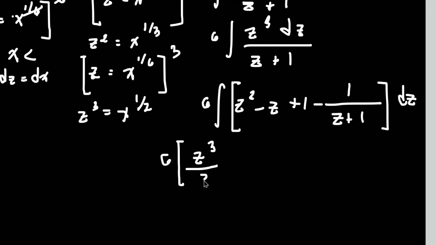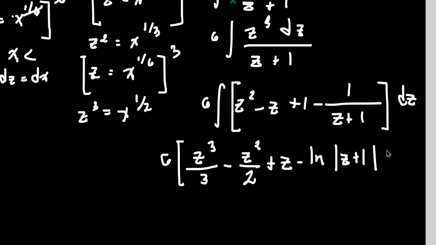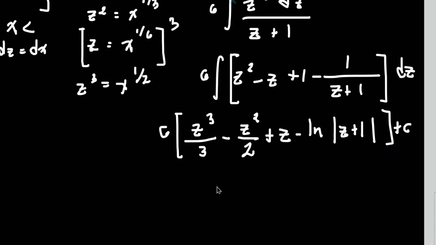And also to the denominator, we have 3, minus z raised to 2 over 2, plus simply z, minus the integral of du over u, which is equal to ln plus c, or ln absolute value of u plus c. So this could be equal to minus ln of z plus 1 and then plus c.